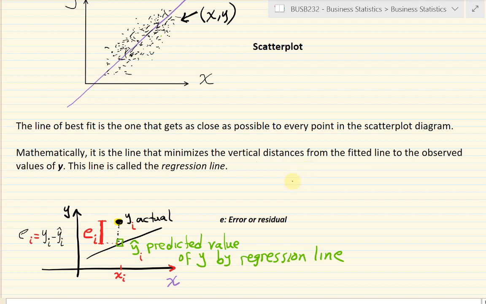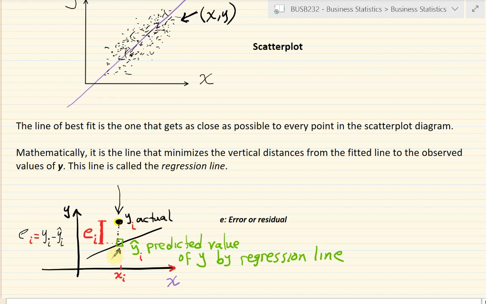Down here, I have created this hypothetical chart again, where this is the actual observed value for a pair of data points x, y. So that's the observed value, the actual value. And in green, this green box here is, let's say, the predicted value by the regression line.